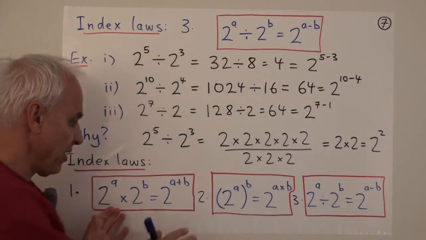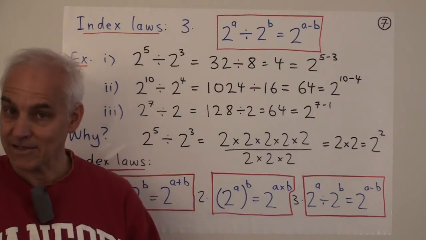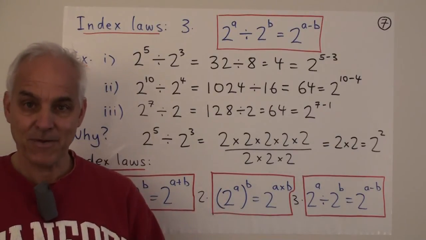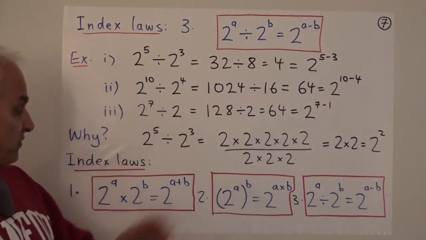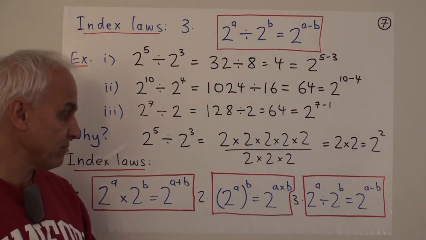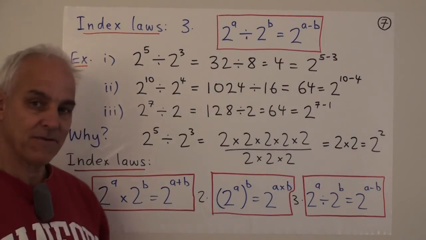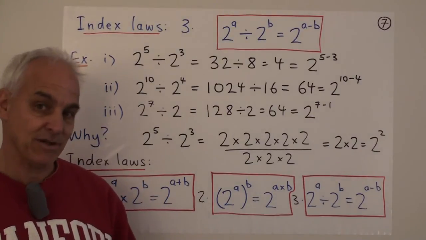So these are very useful and important index laws that allow us to extend arithmetic to include powers. In this case of 2, but it turns out that we could change the base from 2 to 3 to 10 to something else, and the laws would still work.